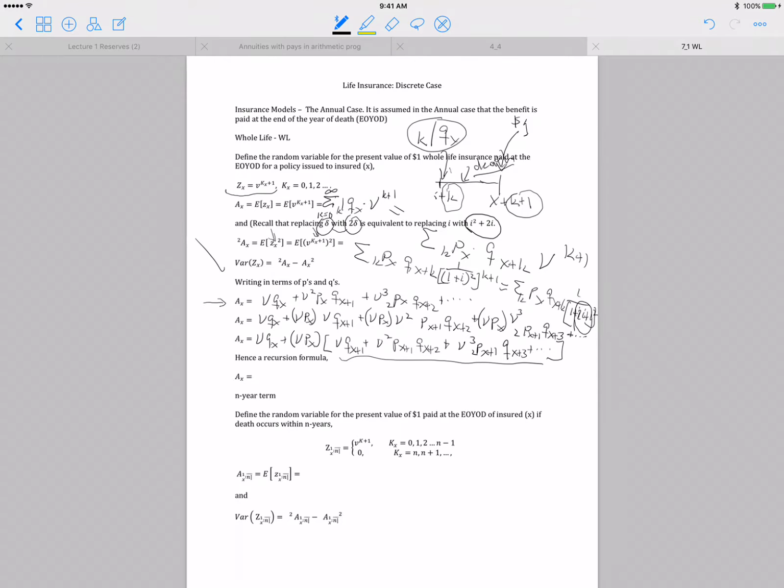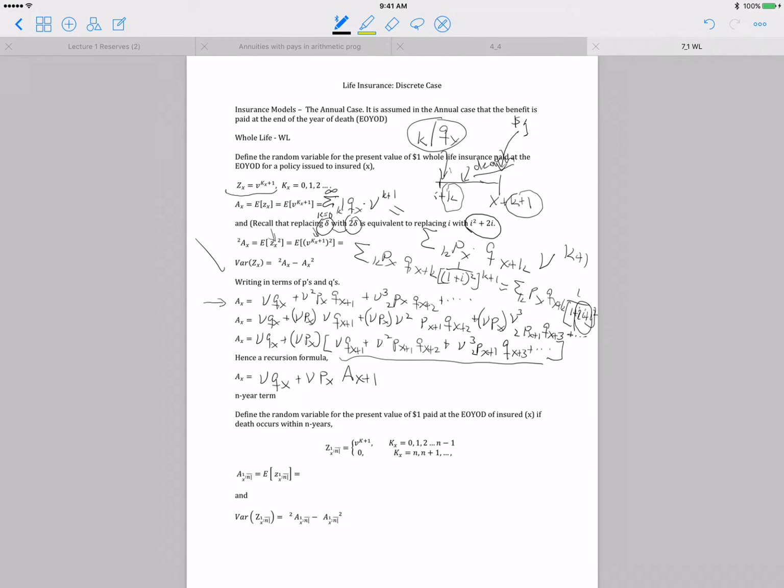And therefore I can write down my final recursion formula. I just replace what's in brackets with a x plus 1. So by factoring out the v px in the terms 2 and onward, I have produced this recursion formula.